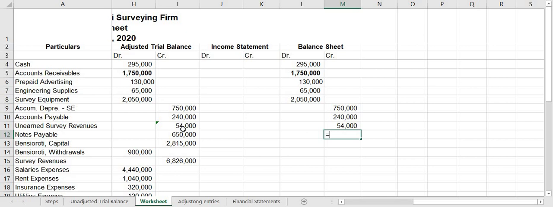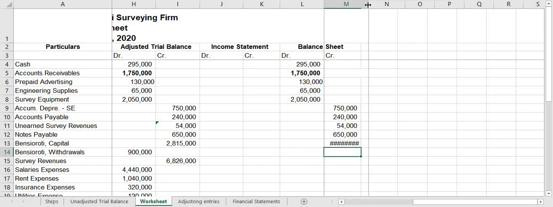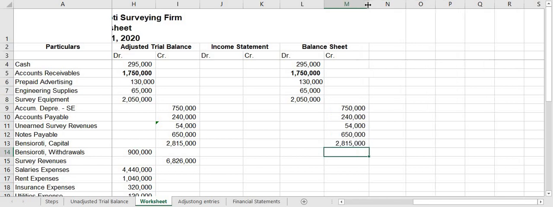Next is your notes payable, liability, balance sheet, credit. Next is capital, balance sheet, credit. Next is withdrawal, balance sheet, debit.